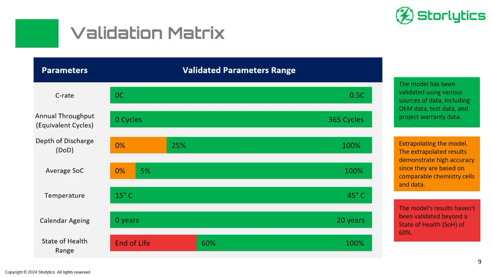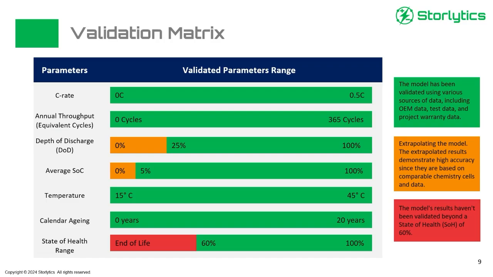Our approach to these compromises is really full transparency, right? There are instances where, let's just say you're testing model A of a CATL battery, but you don't have data for state of health less than 60%, right?